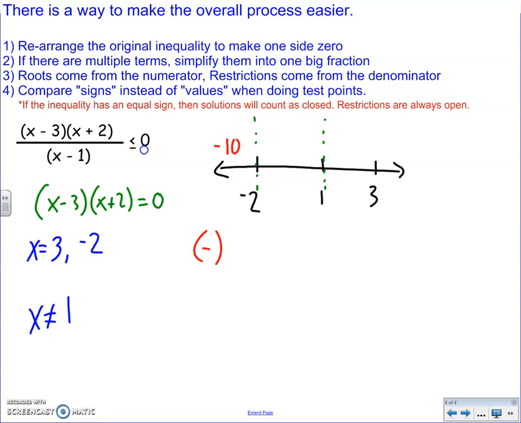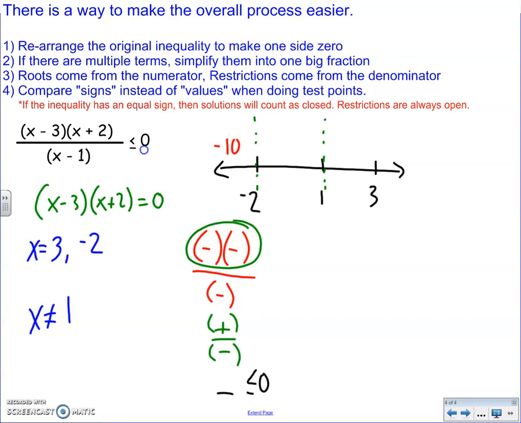And then negative 10 plus a number, plus 2, which is smaller, is still a negative. And over negative 10 minus a number is still negative. So a negative times a negative is a positive. That's really a positive over a negative, which overall turns into a negative. So the left side is negative. Is a negative number less than or equal to 0? The answer is yes, that's true.